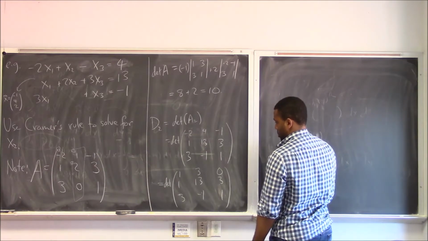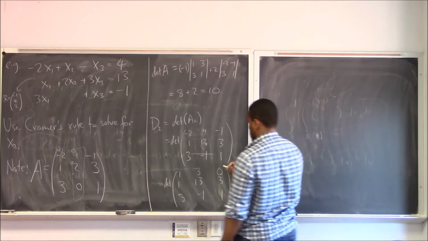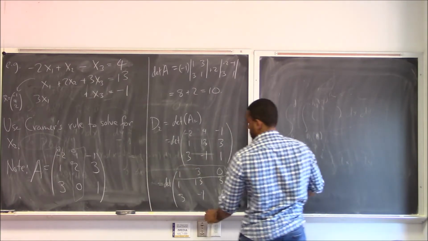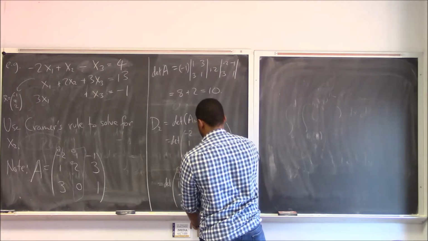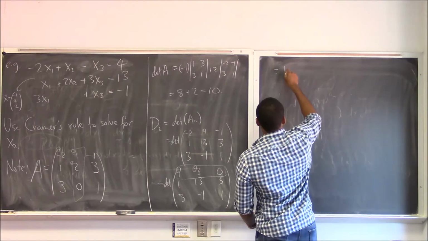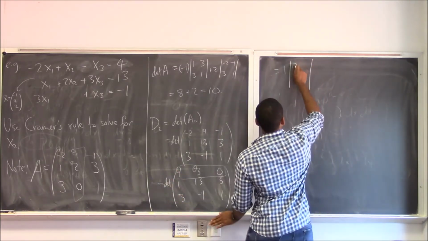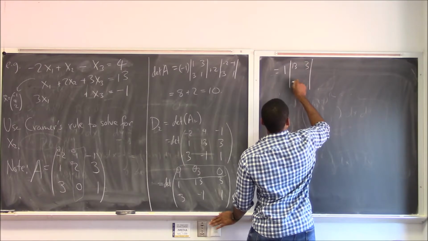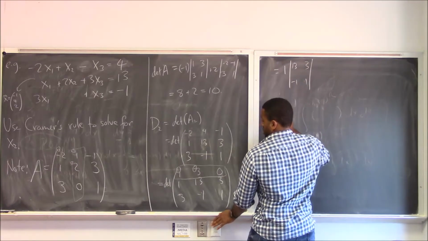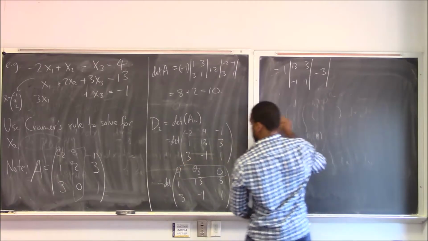Okay, so where do we want to expand along? First row, first column is kind of the same. So this is a plus, minus. So this is going to be equal to plus 1 times, block out everyone in that row and column, 13, 3, minus 1, 1. Minus 3 times, block out everyone in that row and column.